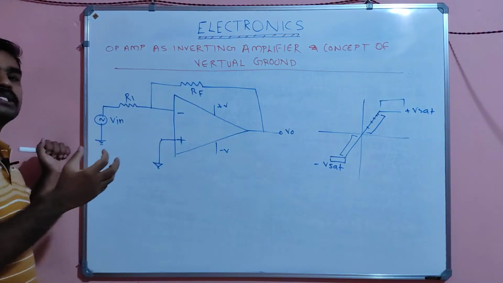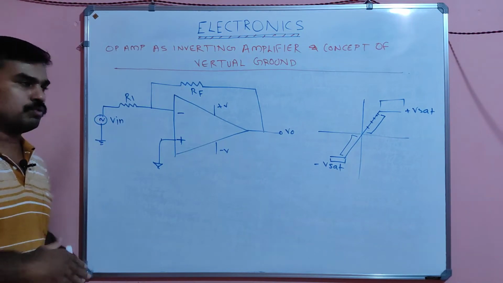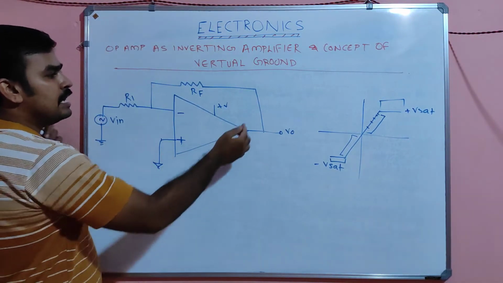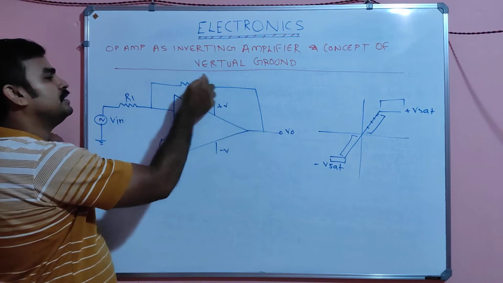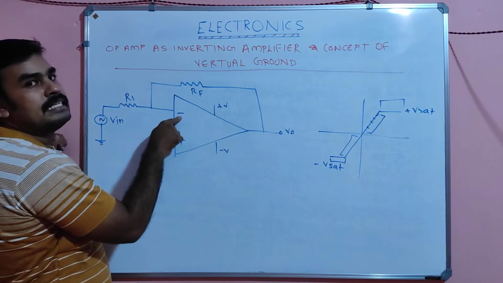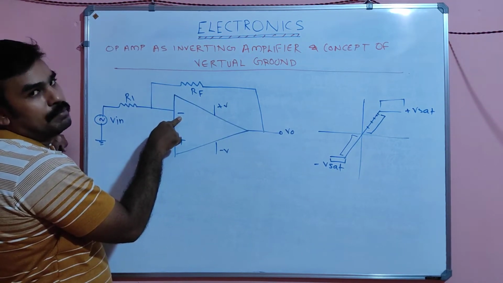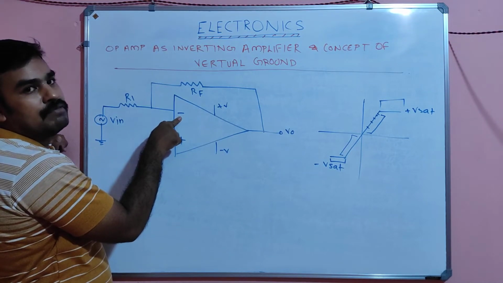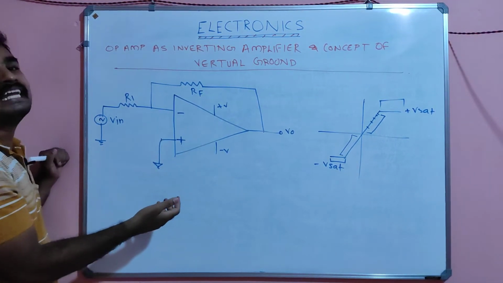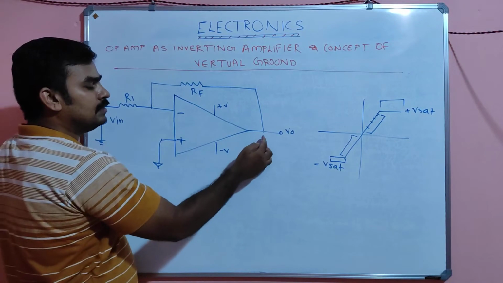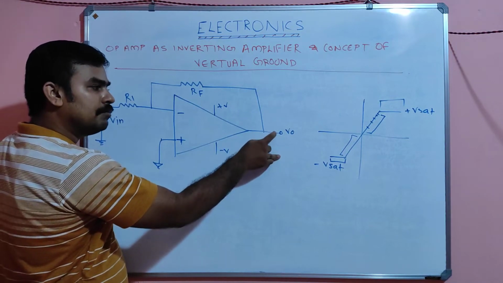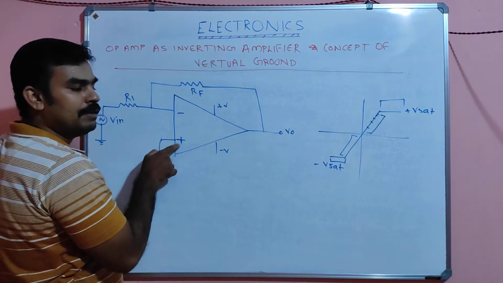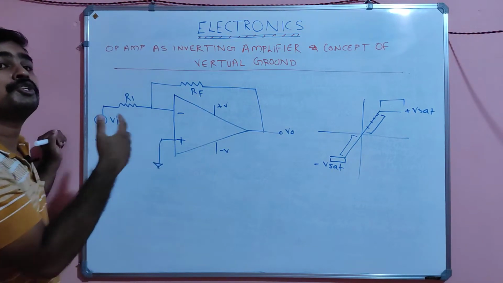But in the case of a feedback system, what is meant by feedback? Taking the output and connecting it to the inverting terminal is called inverting feedback, or simply negative feedback. Another feedback is taking a terminal from the output and connecting it to the positive terminal, which is called positive feedback.